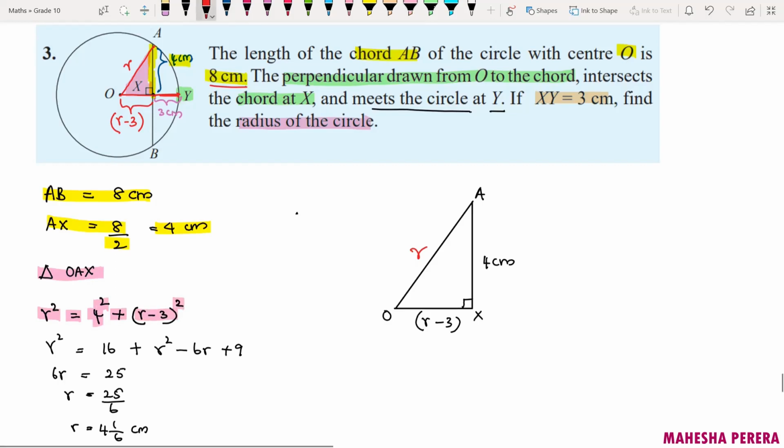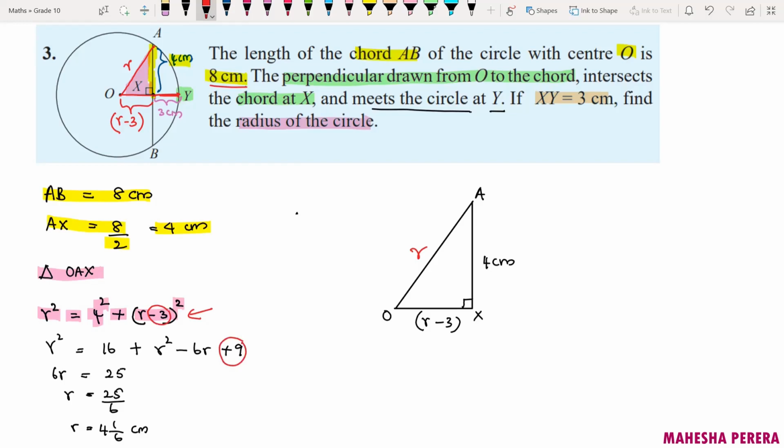Now, how do you expand this? Do you remember? First, you have to take the square of R, that is R squared. As the last term, you have to take the square of minus 3, that is minus 3 times minus 3, plus 9.